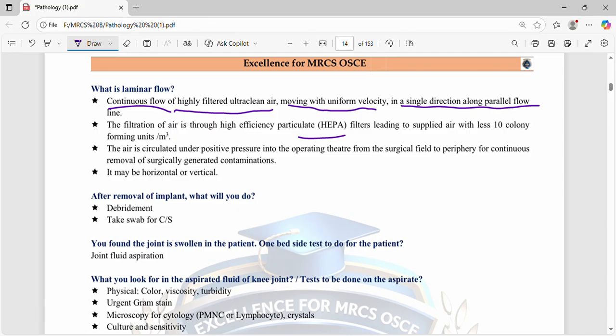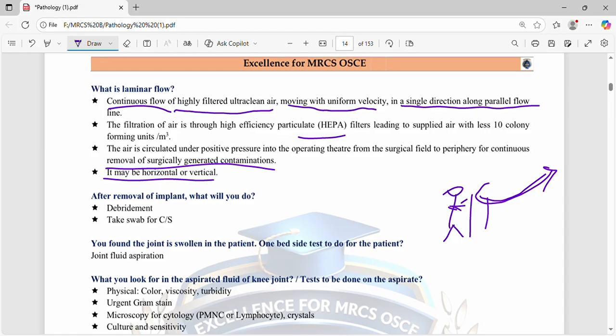The air is circulated under positive pressure into the operating theater from the surgical field to the periphery. Let's say this is the surgical table with a surgeon operating. The air should move from the operative table away from the surgical field to the periphery for continuous removal of surgically generated contaminations. It may be horizontal or vertical.